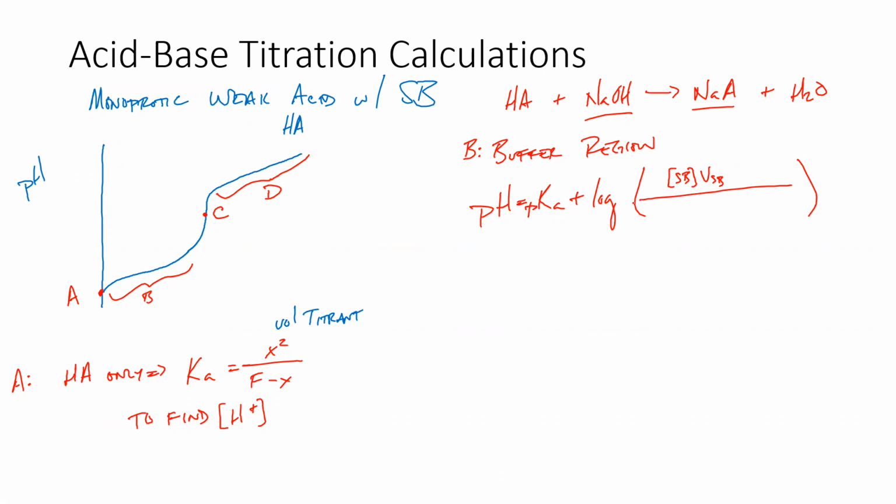We divide this by the moles of acid that are left. Well, the moles of acid left are the moles of acid we started with minus the moles of base. And so this is the concentration of our weak acid, HA, times the volume of HA, minus however much strong base we've added that has reacted with our weak acid.